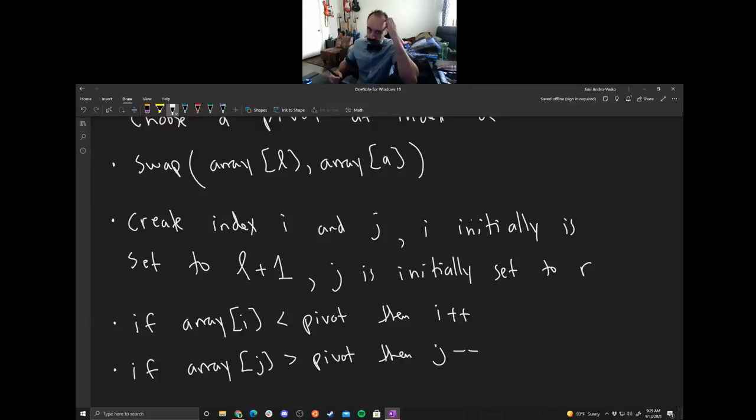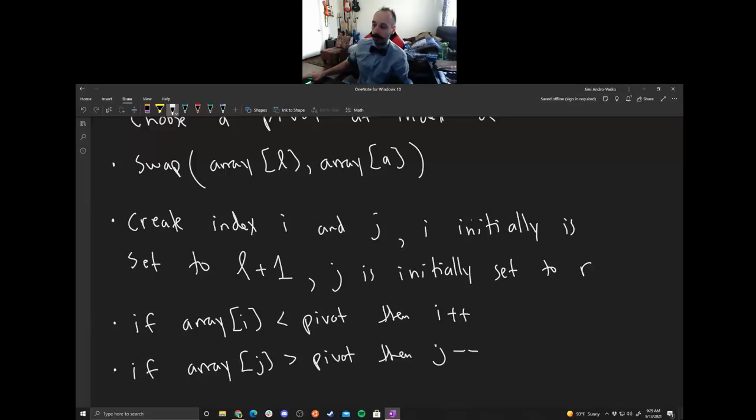Now we'll assume for right now there's no duplicates in our array. If there were, then we have to do one or the other. But for now, we'll just keep it simple. We'll have our elements all be distinct, so there's no chance we can have any equals, but we have to sort of designate one side to be less than or equal to, the other side larger, or vice versa.